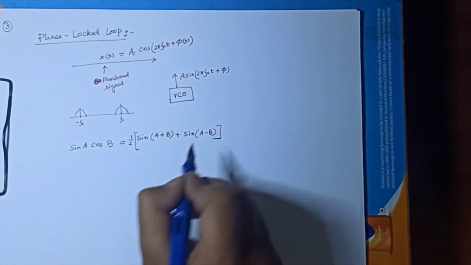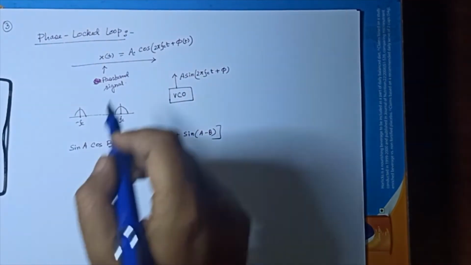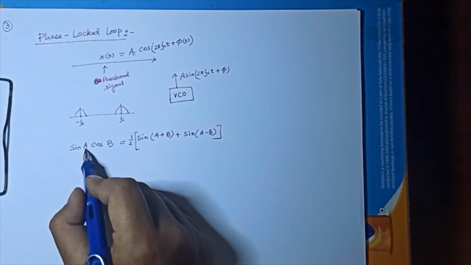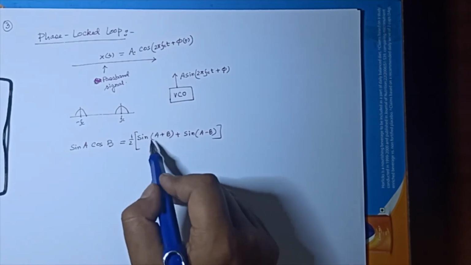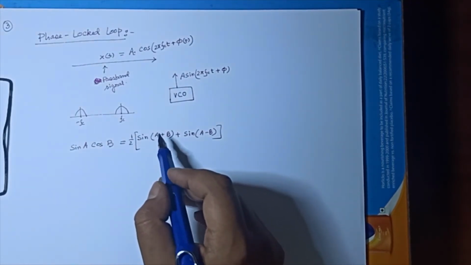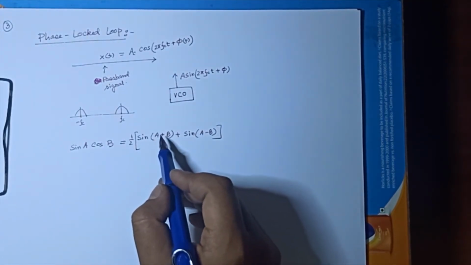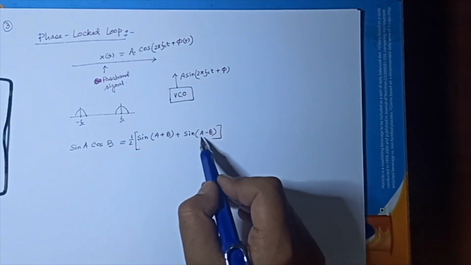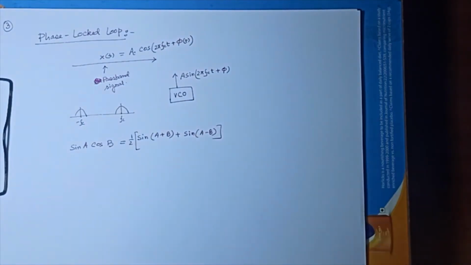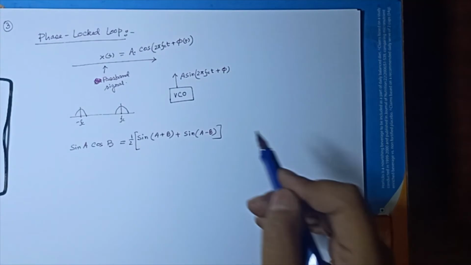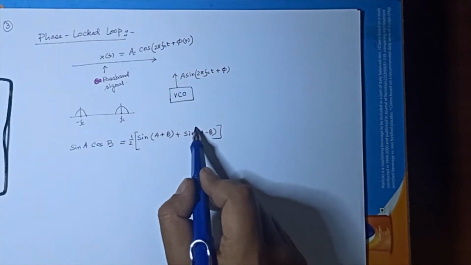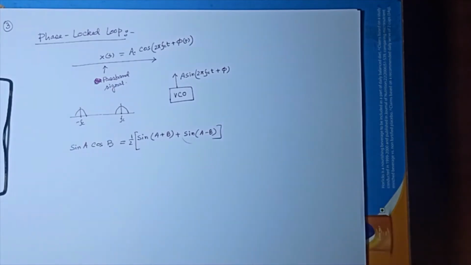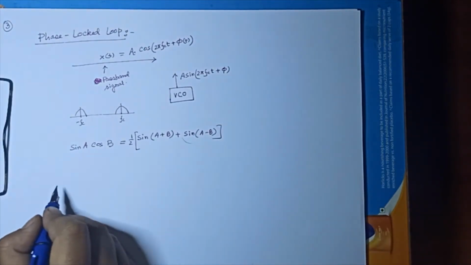Now imagine that these angles are of this form and their frequencies are similar. Then A plus B is a passband signal with very high frequency, and A minus B will have some phase, or even if there is some variation in the frequency, it will have a very low frequency component. So a low pass filter will give you the sin(A-B) part. I am showing you that exact operation.